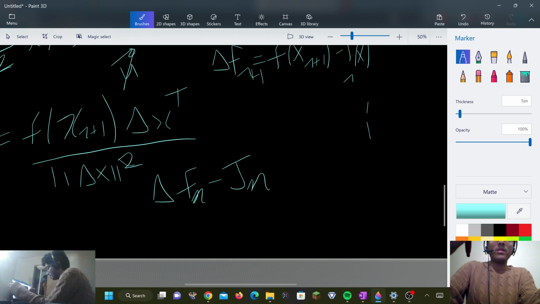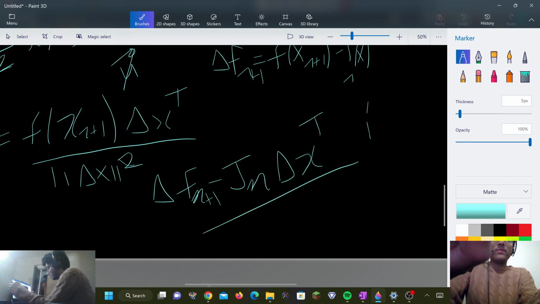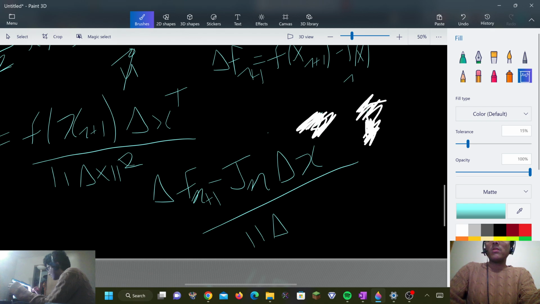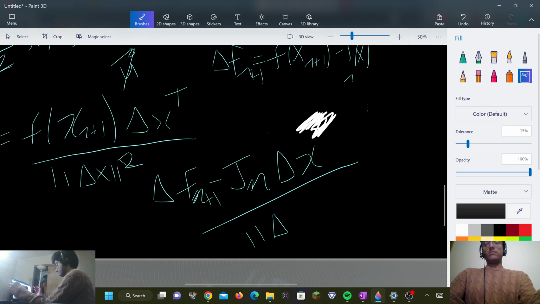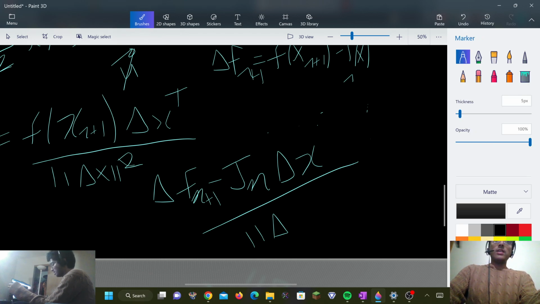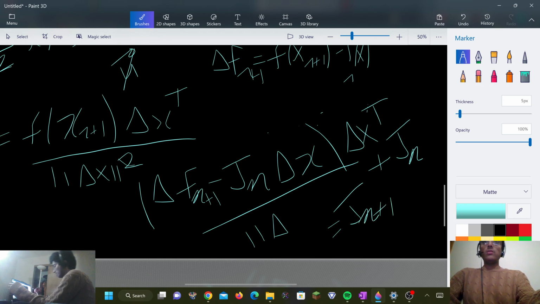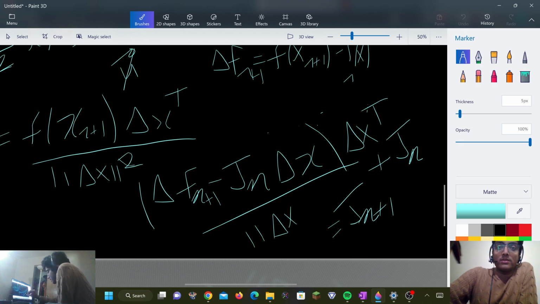J sub n times delta x, then multiplied by the delta x transpose, plus J sub n equals J sub n plus 1. And so this should be delta x squared.